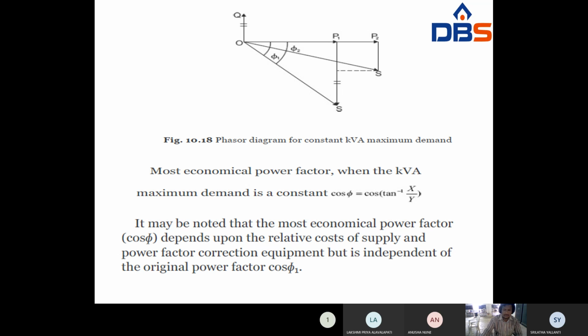So this covers the power factor improving methods, and also the derivation of the most economical power factor when kilowatt demand is constant and when kVA demand is constant.